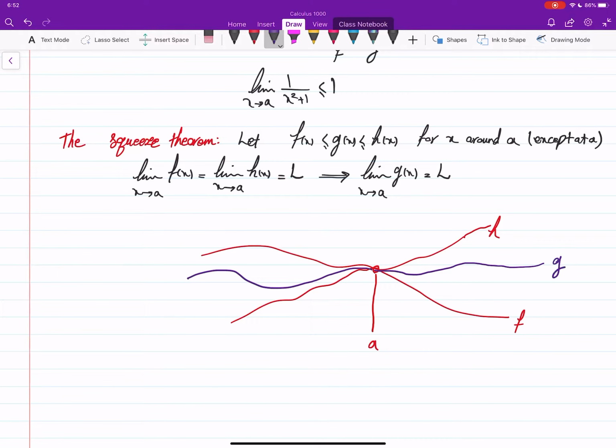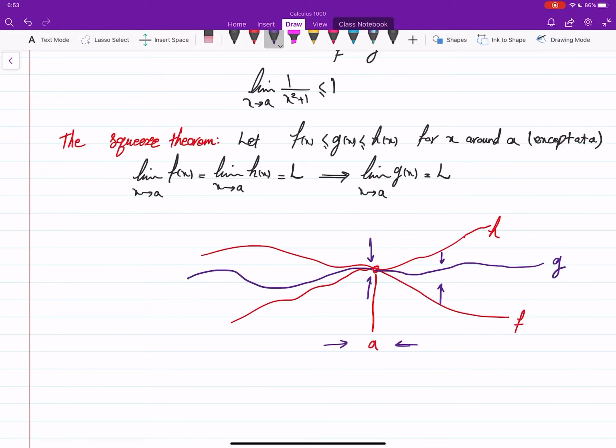Then as x approaches a, the upper and lower functions will squeeze g into the same exact limit. That's what it means.